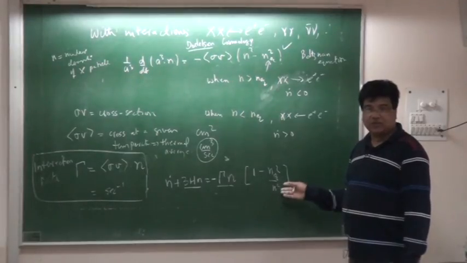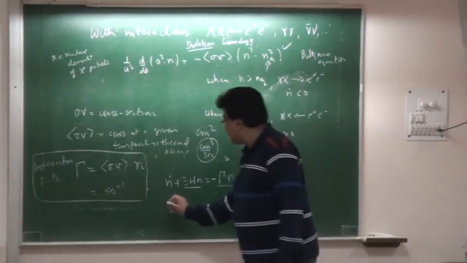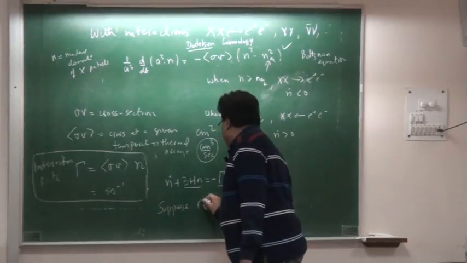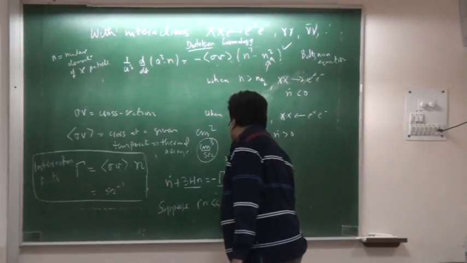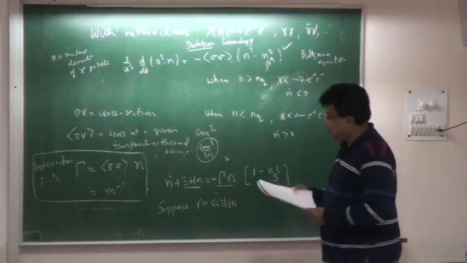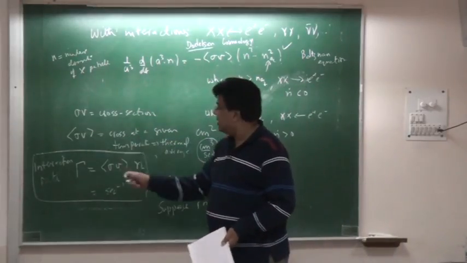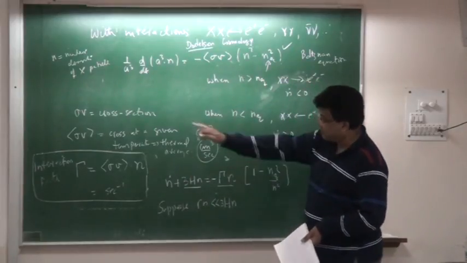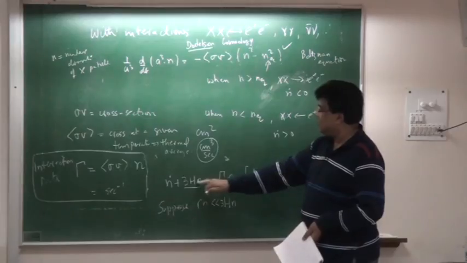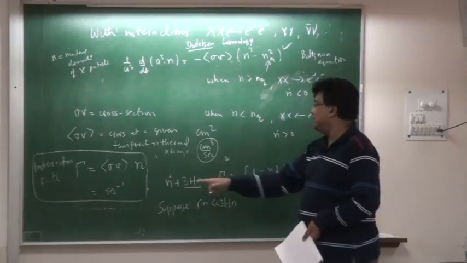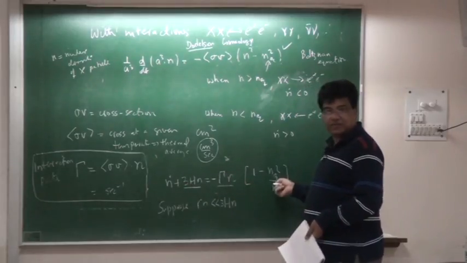This equation tells you that supposing gamma n is less than 3h n, at some point the temperature goes down, sigma v goes down, and the number density goes down in such a way that the right hand side, which depends on the cross section and the number density, falls below that. Then the right hand side becomes ineffective.